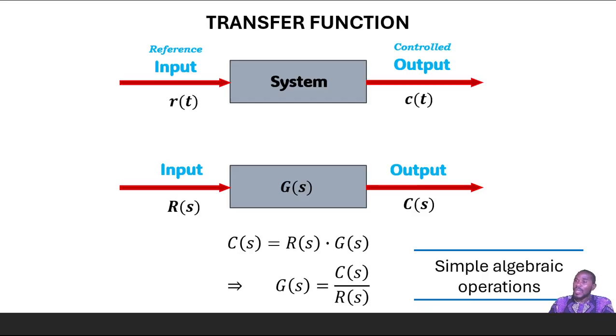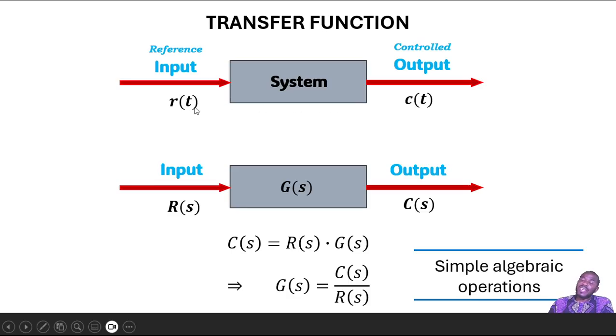The first block diagram there is in the time domain. That's why you see R is a function of time, right? And then you have the control system that works on that input and gives us the controlled output. That's why we're calling it C of t. All of that is in the time domain, right?